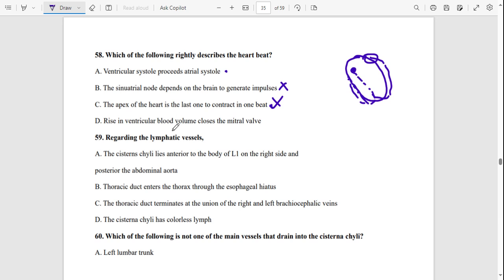Rise in ventricular blood volume closes the mitral valve. So what happens is this. You know that on the left side, let me write the heart in a simple way.